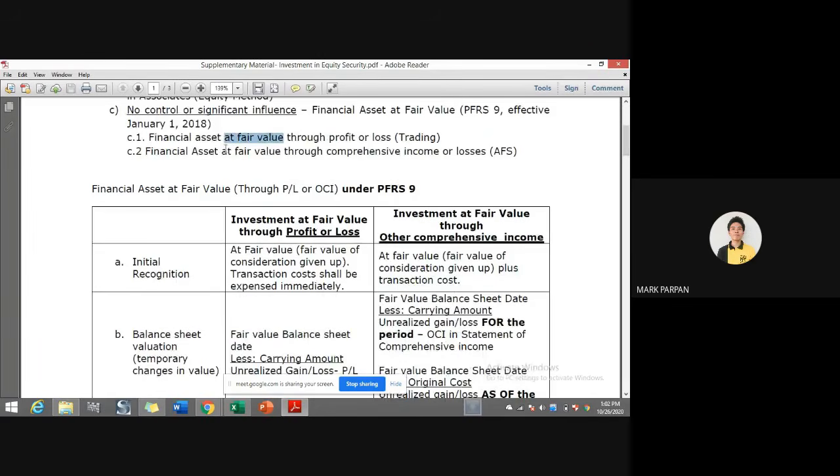Financial asset at fair value. So its subsequent measurement is the fair market value at year end. Again, in this investment, FAFVTPL, FAFVTOCI, fair value. So its subsequent measurement is fair value.